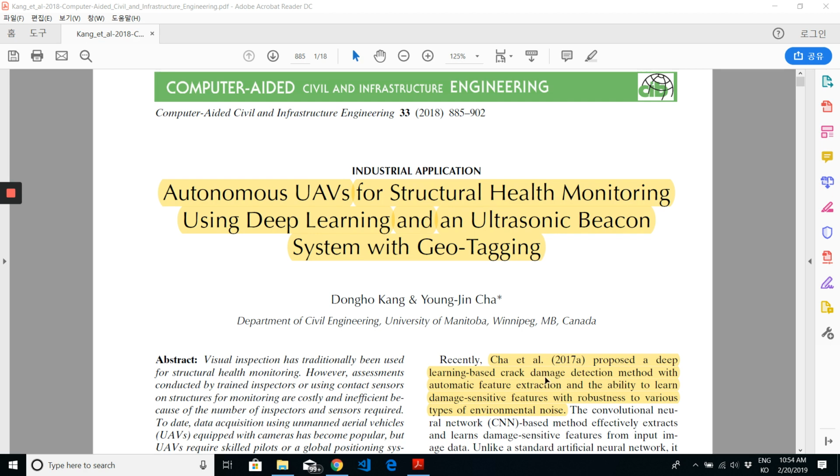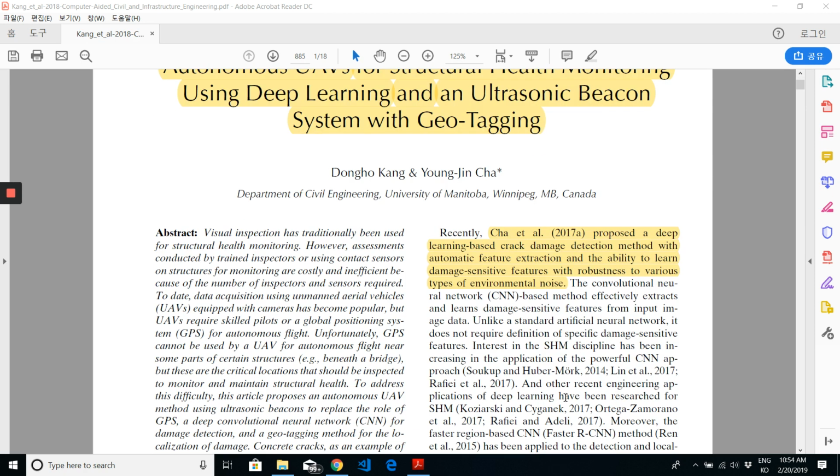This paper is in Computer-Aided Civil and Infrastructure Engineering. So we tried to make a good paper to explain lots of things.